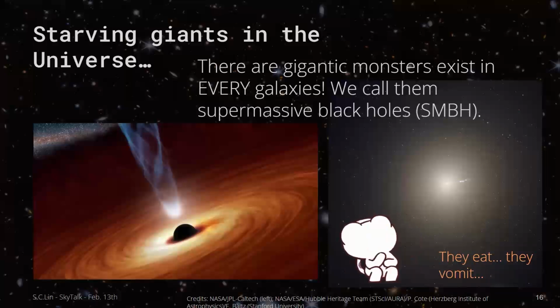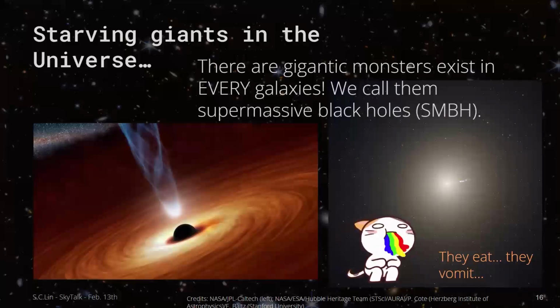There should also be black holes that are way more massive than our sun. In fact, these black holes are expected to exist in every galaxy, and we call them supermassive black holes. They usually have the mass of a million, even 10 million suns.